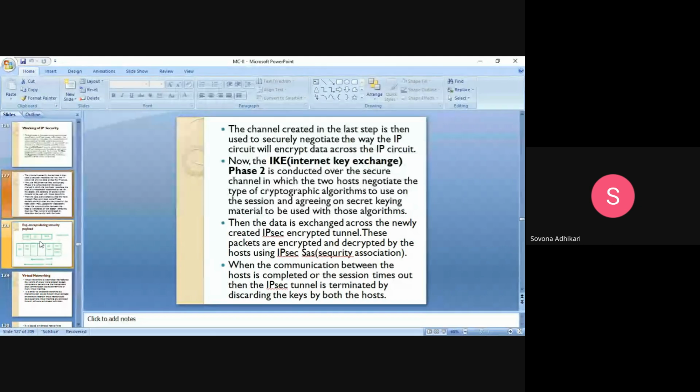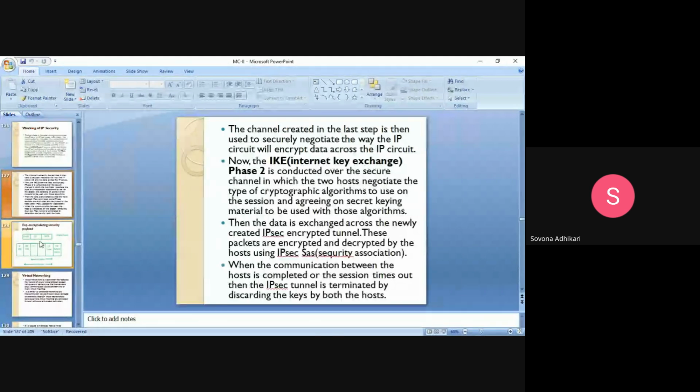So in this phase, the source host and destination host make an agreement on which cryptographic algorithm they use, because the destination has to decrypt it to know the original data.